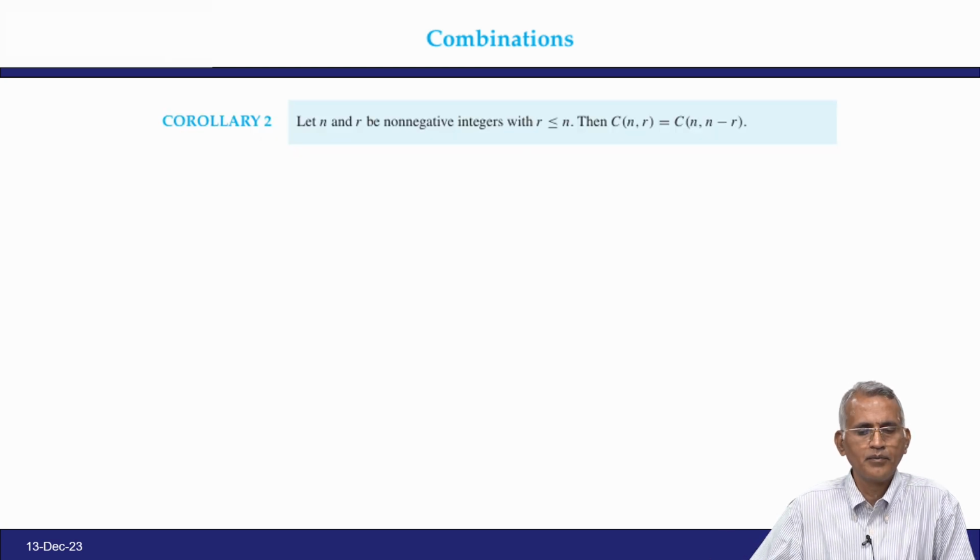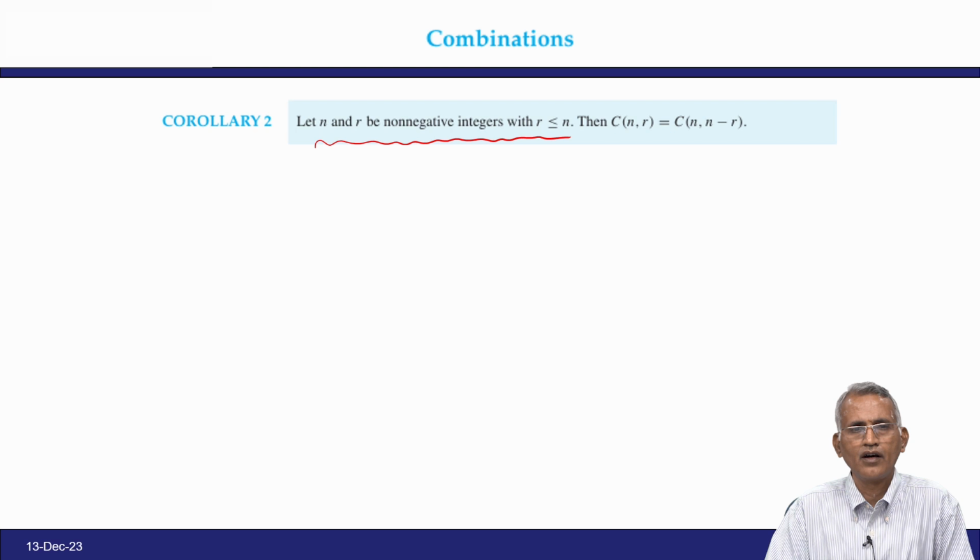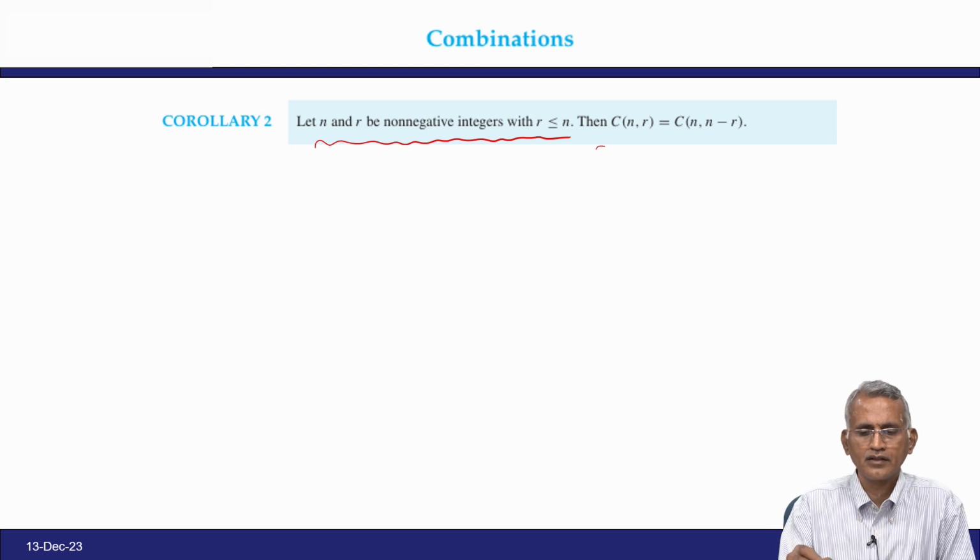Now, further based on this as a corollary, let n and r be non-negative integers with r less than or equal to n. Then nCr equals nC(n minus r).